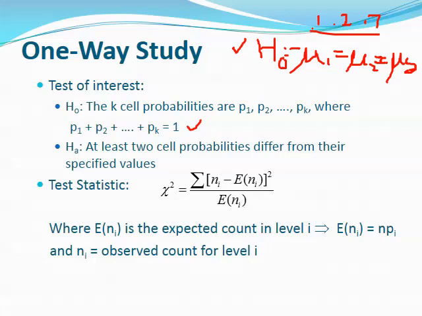If I saw, for instance, instead of 10, 20, and 70, if I saw 9 and 21 and 70, it'd be like, big deal. If I saw 9 and 19 and 72, I'd say, big deal. But if I saw kind of the opposite, and I saw 80 and 10 and 10, I'd be like, whoa, wait a second, that null hypothesis looks like it's way off.